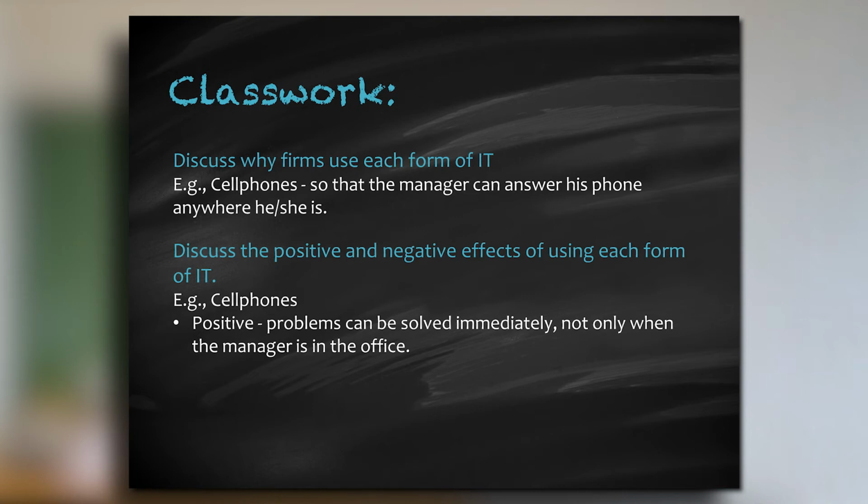It doesn't matter if the manager is out of the office, he can still answer the phone, he can still solve the problem. We don't have to wait for him until he comes to the office, then explain to him the problem and then solve it. So it's positive that it can be solved much quicker.